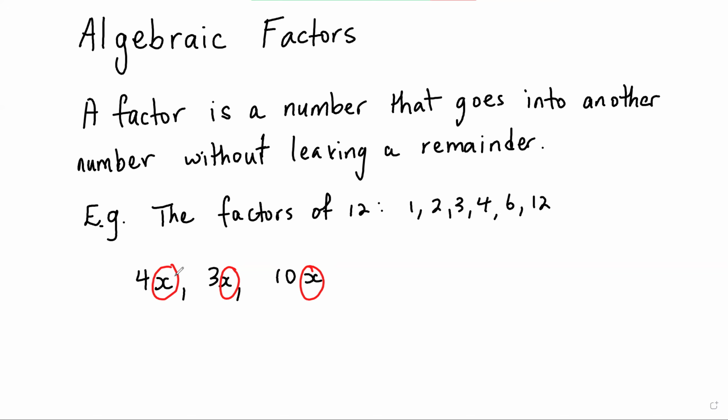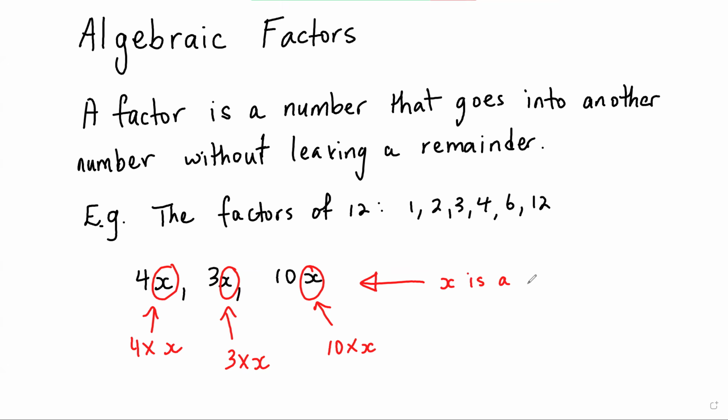So x is a factor of 4x, 3x, and 10x because 4x is 4 times x, 3x is 3 times x, and 10x is 10 times x. So we can say that the common factor of 4x, 3x, and 10x is x.